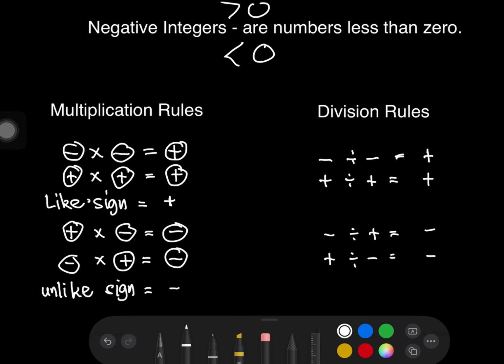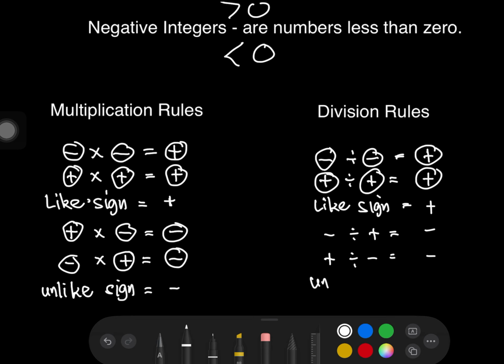The same rules as in multiplication. Both same signs give positive, so like signs equal positive, and unlike signs will give you negative. Exactly the same as the multiplication rules.